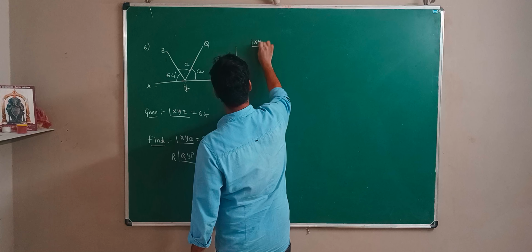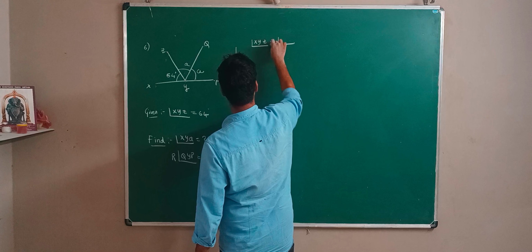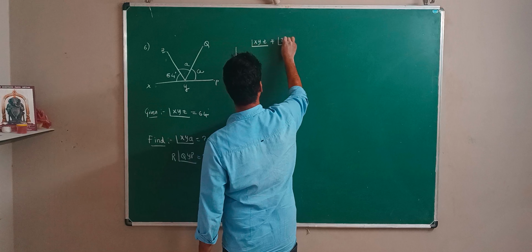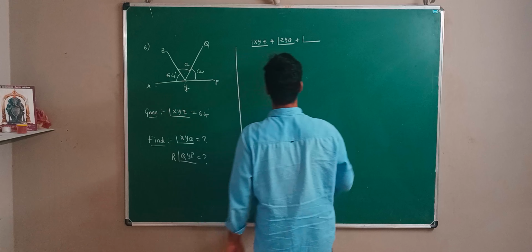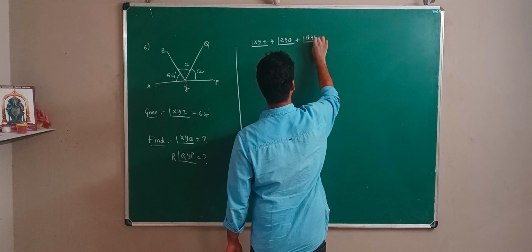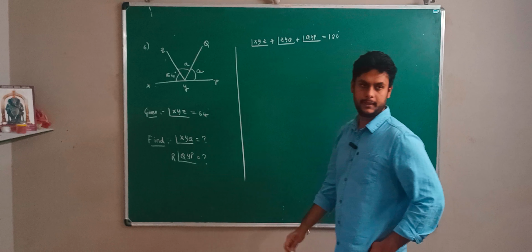So 64 directly will come. Angle XYZ, first angle, next plus angle ZYQ plus angle QYP is equal to 180 degree. Correct?